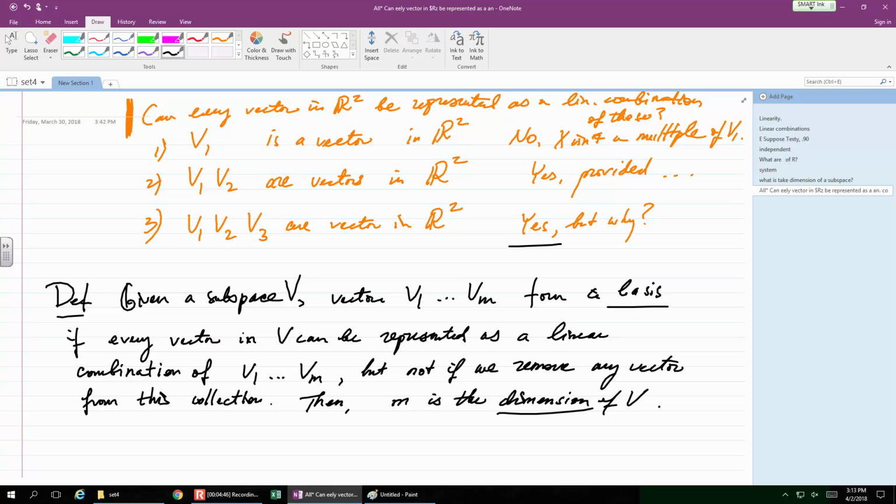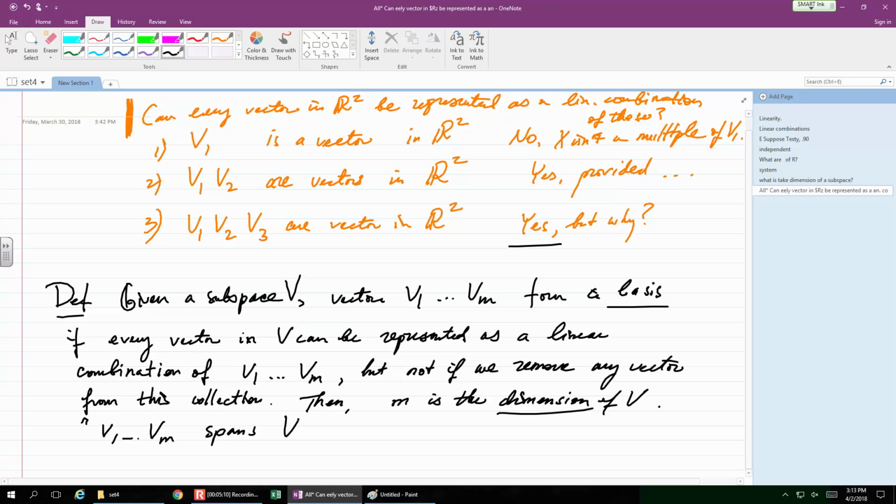If you do remove any vector of this collection, then that property fails. In other words, how do we express this? We would say that V1, ..., Vm spans V.